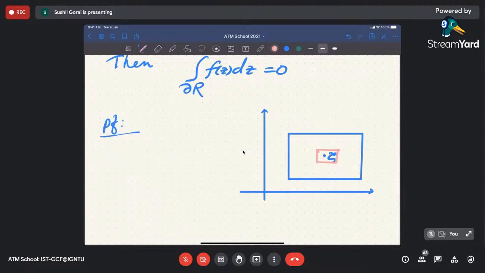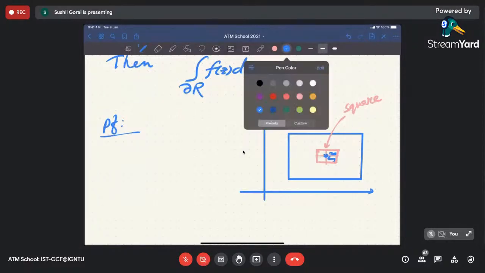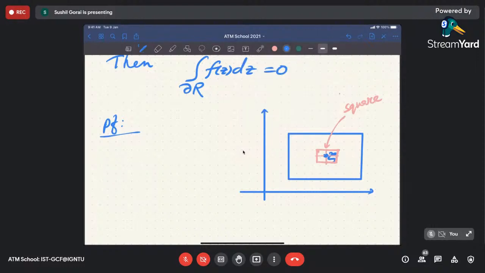This doesn't look like a square, but let us assume it is, such that zeta lies at the middle of it. So let's call this point zeta. Then what you would like to do is divide the rest in terms of rectangles, like this, like this, like this.